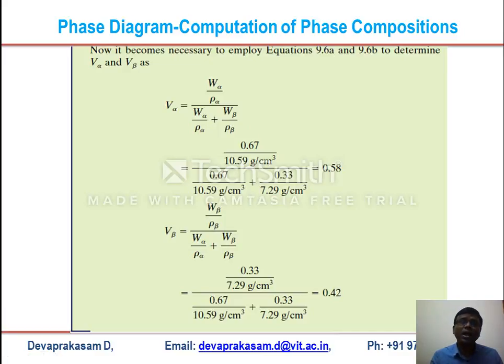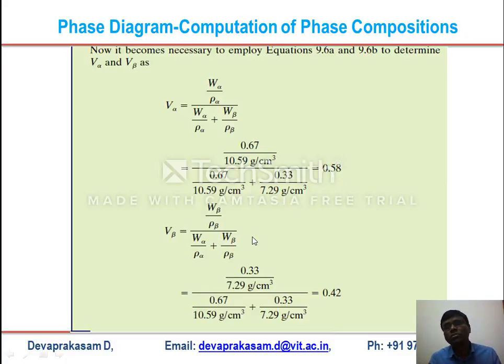The total volume is given by the denominator, and the volume of the alpha phase is given by the mass fraction divided by the density of the alpha phase. If you substitute all these values, you will get 0.58. That is the volume fraction.